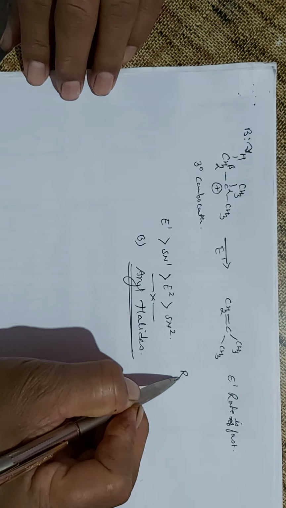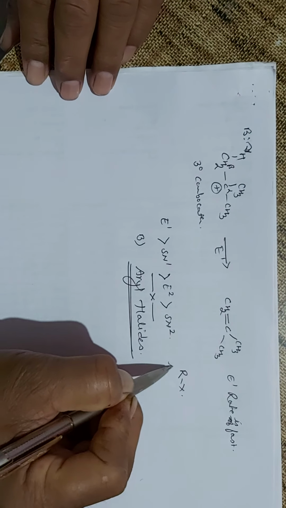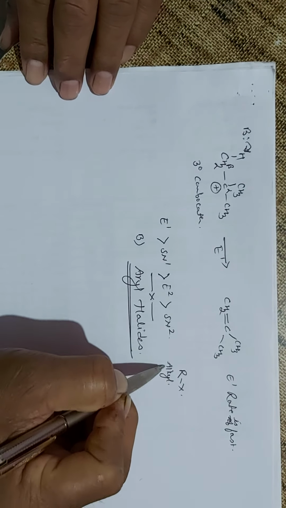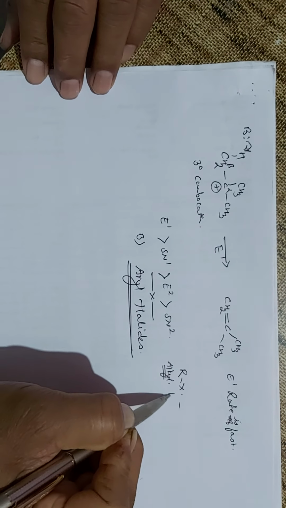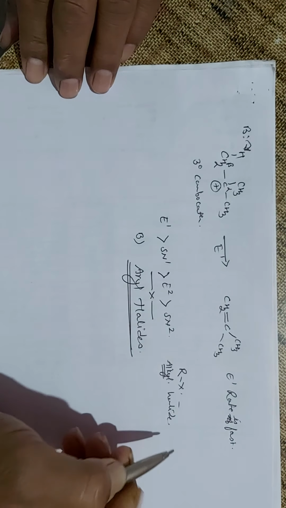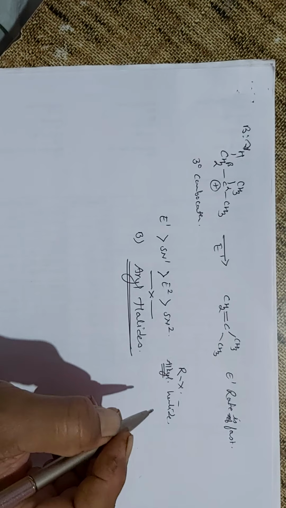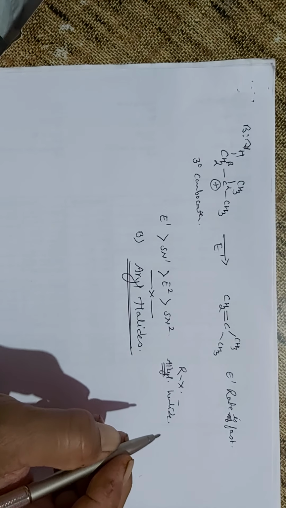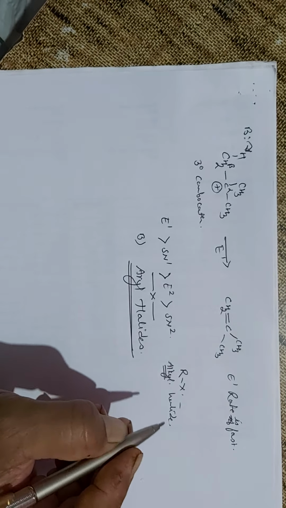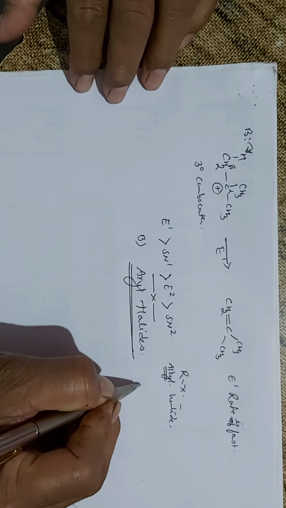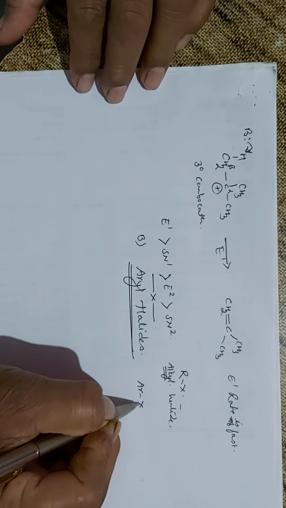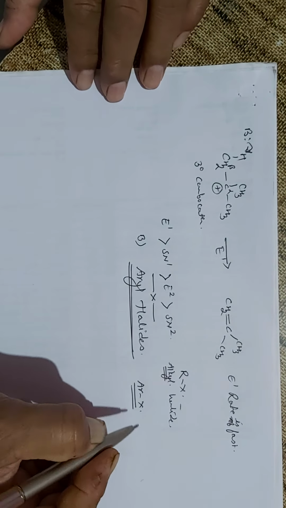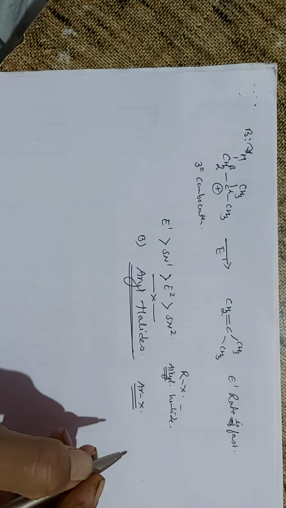When the halogen atom is attached to the alkyl group, it is termed as alkyl halide. And when the halogen atom is attached to the aromatic ring, it is termed as aryl halide.